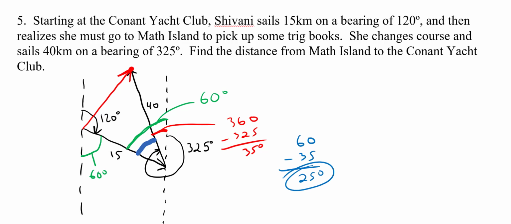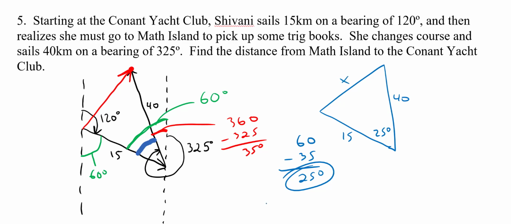So now I'll make a quick sketch again because I like resketching the picture. This is 25 degrees, and this is 15, and this is 40, and you're looking for x. And this is law of cosines.